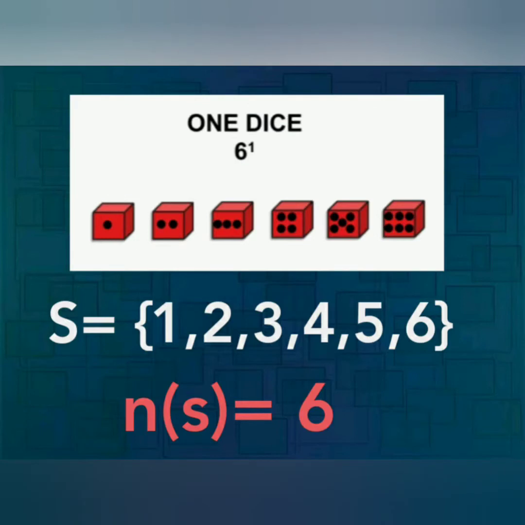Example, when we roll a die once, it may land with any of its 6 faces pointing upward. Thus, the outcome of this experiment is getting any of the 6 numbers 1, 2, 3, 4, 5 and 6. Hence, the sample space for the experiment is S = {1, 2, 3, 4, 5, 6}, and n(S), the number of elements in the sample space, is equal to 6.